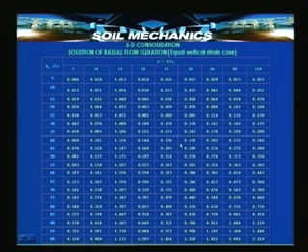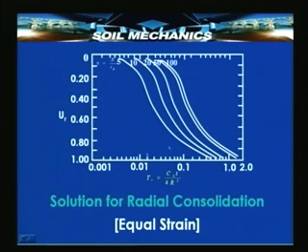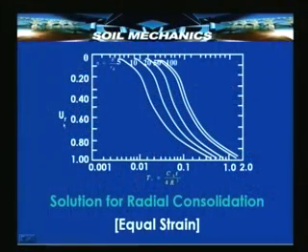The same information was also given in the form of a graph, which shows TR along the x axis and UR along the vertical axis. So, for any given time t, knowing the compressibility characteristics C_V,R of the soil and the geometrical characteristics, including the radius R of the sand drains, you can calculate UR, the radial degree of consolidation.